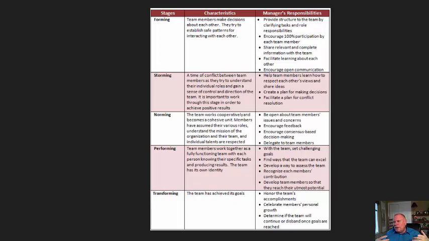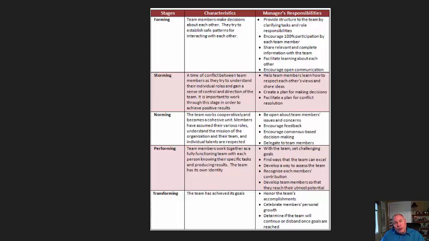What are they like? What's the manager's role in this? Provide structure to the team. Make sure tasks and responsibilities are clear. Encouraging people to participate. 100% participation. So that's bringing people in. Share information with the team. Facilitate and encourage learning about others and encouraging open communication.